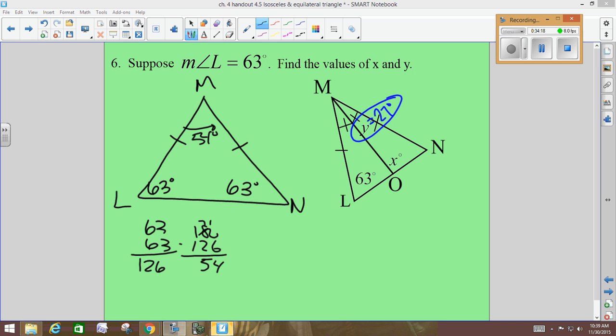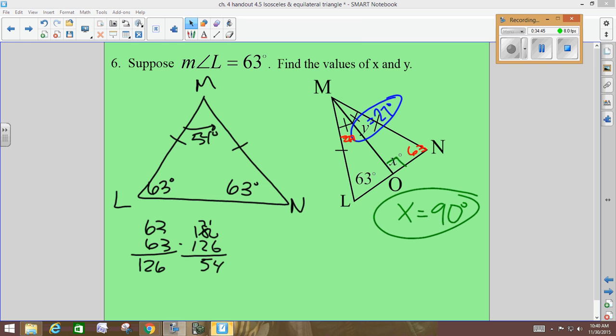And then we know that n is 63, so 27, 63, and x have to add up to what? 180. Or you could use today's theorem that says if the vertex angle is being bisected, then that becomes the perpendicular bisector of the base, and you can say that x is 90 right away also.